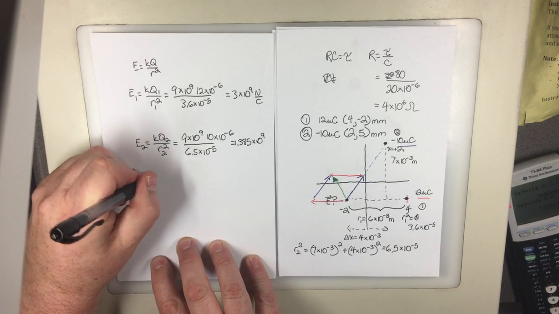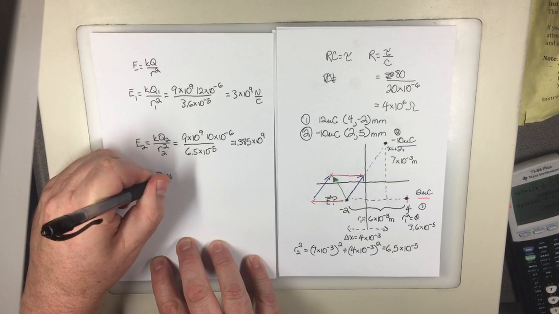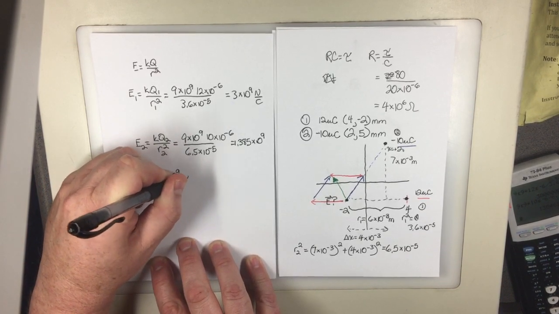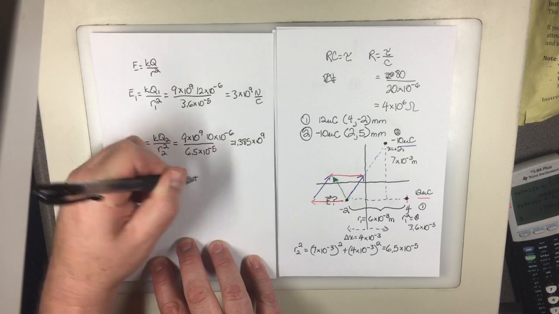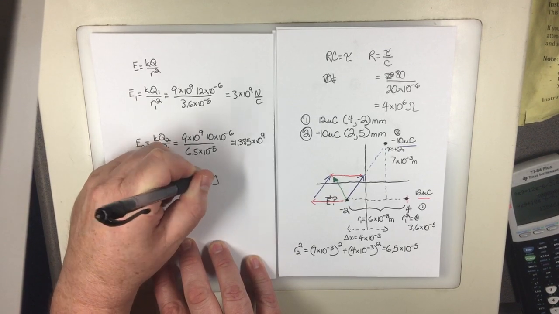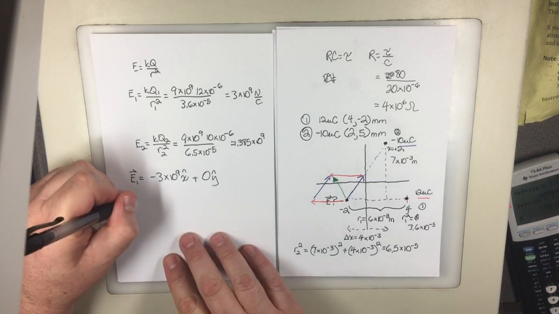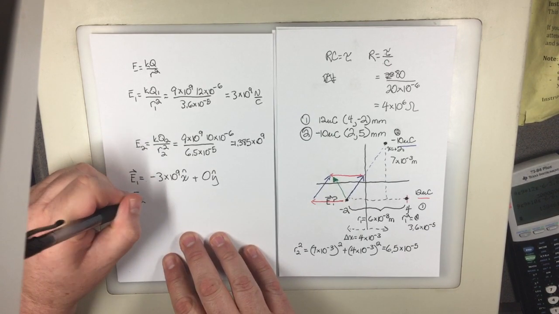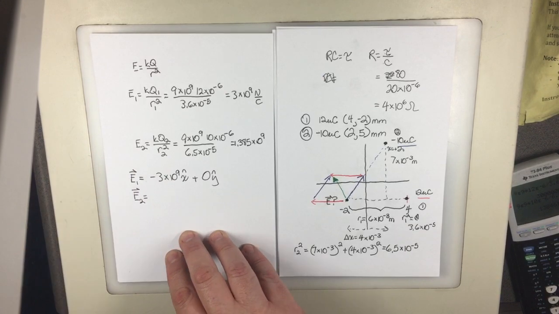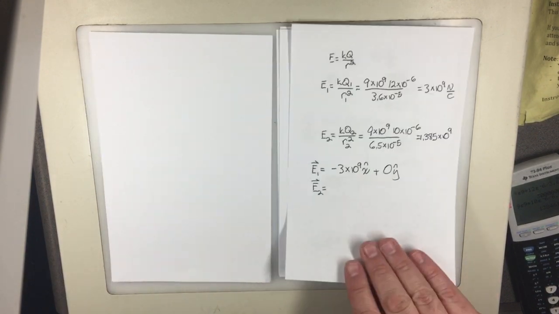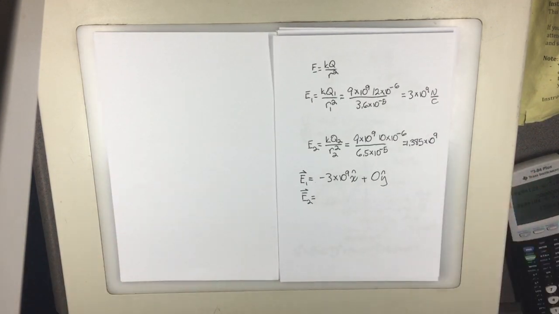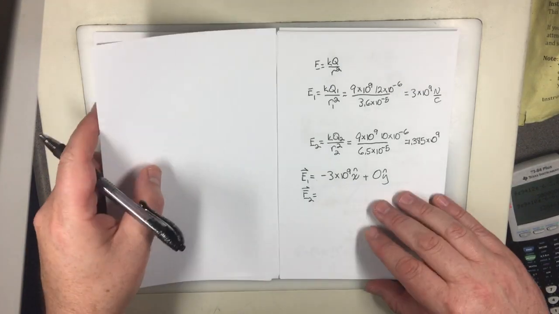So this becomes negative 3 times 10 to the 9th x hat plus, and if you want to write it, it's fine, 0 y hat. E2 is a little bit tricky. Well, not tricky, it is a non-instant conversion vector. So we're going to have to reason it out.